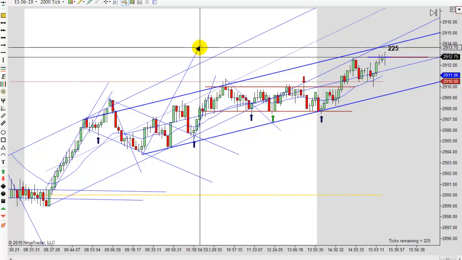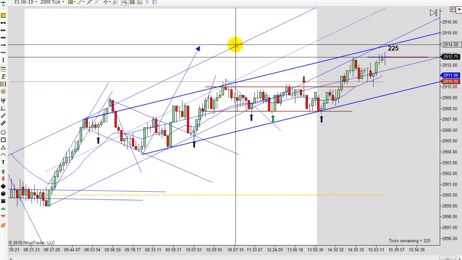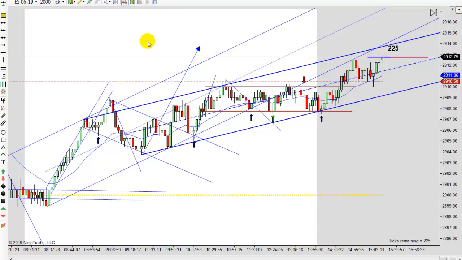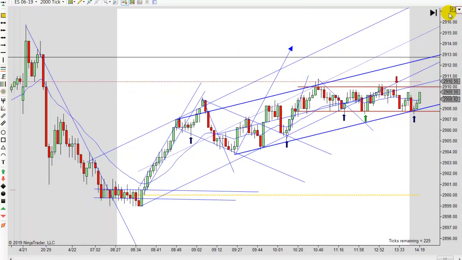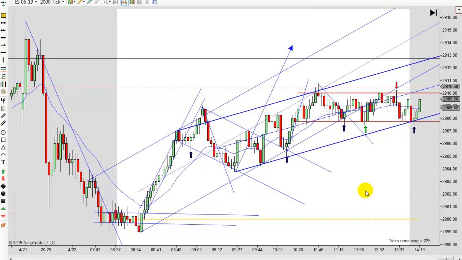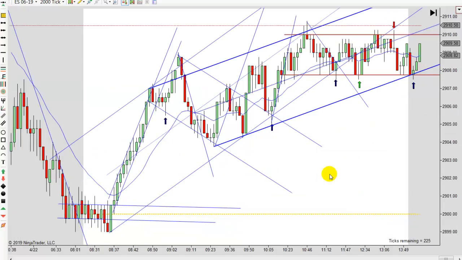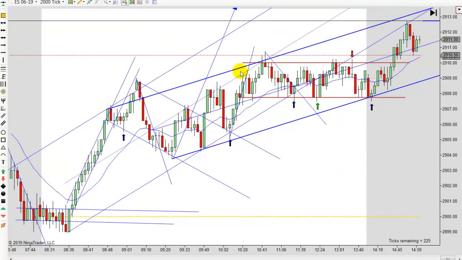Just a few ticks. So we're a few ticks short of having another measured move up. But that would have given you a nice target. If you played that and kind of hung on for the day, it would have kept you in the trade looking to reach that target.